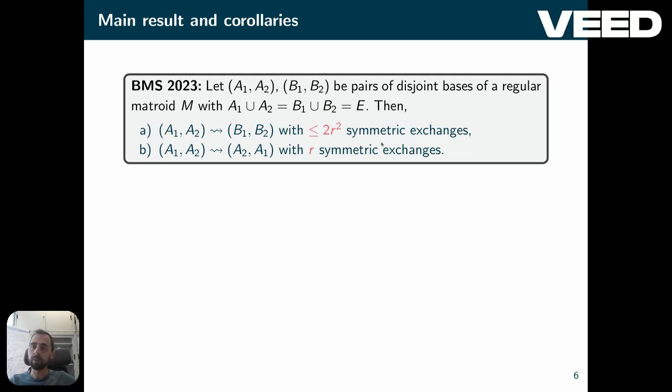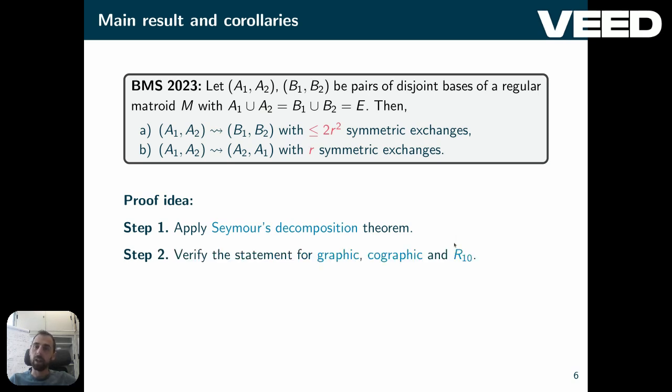And the idea of the proof is exactly what you would expect. So first, by Seymour's theorem, one can decompose the matroid into graphic, co-graphic, and R10 parts. That's one thing that we know for sure. And then the idea is to find exchange sequences in these smaller parts. So basically, we divide the original problem into sub-problems.